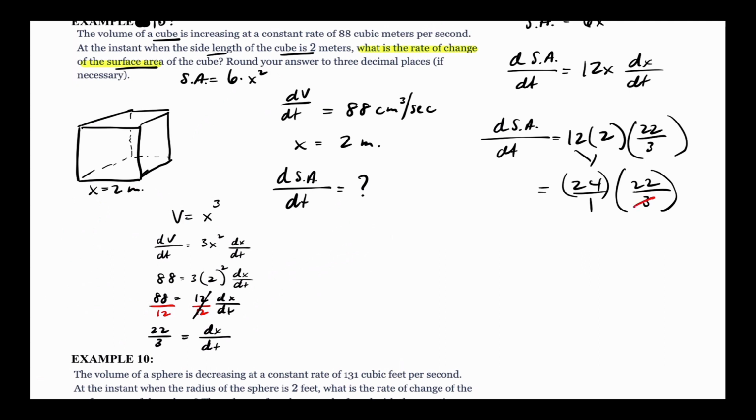Well, the 3 and the 24 will cancel out. 8 times 22, well, 4 times 22 is 88, so double 88. 176, I believe. Let me double check to make sure. Yeah, 176.